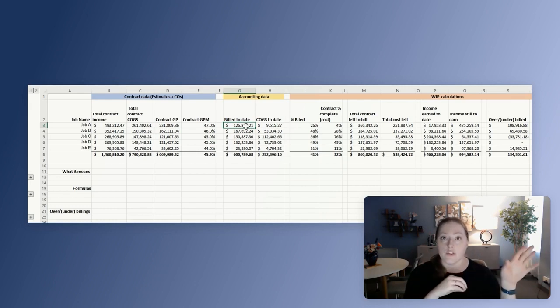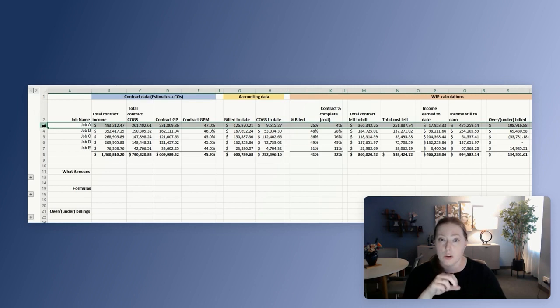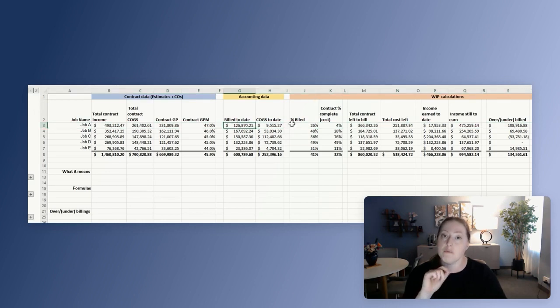You can also have another column here if you wanted to figure out how much cash you have actually received already from that particular job as well. One of the ways to look at that would be if there is anything for this job on your accounts receivable report from your balance sheet, that will tell you that you have billed the customer, but they haven't paid you yet.